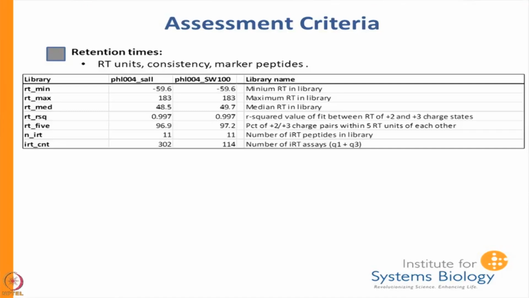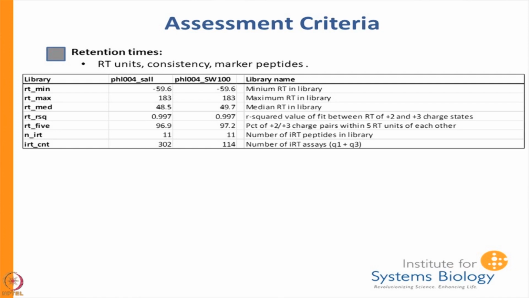The reason that these show up as negative values from negative 60 to 180 is basically because they've been converted into what we call iRT space. So that's a little unusual, but it's a dead giveaway if you're looking at a library. If these ranges don't make sense, then it's a red flag to look at something.